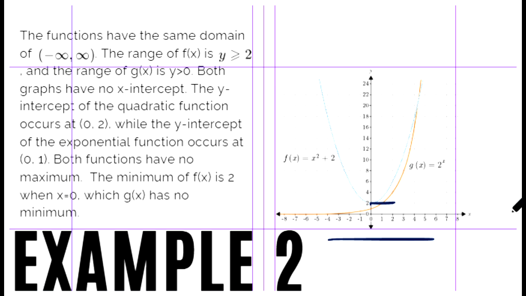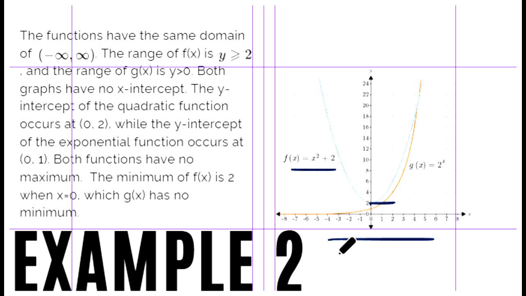And the range of g of x, which is this orange line, I believe, I can't really tell because it's so small, is y greater than 0. Okay. The y-intercept of the quadratic function occurs at 0, 2. There's the y-intercept for f of x.